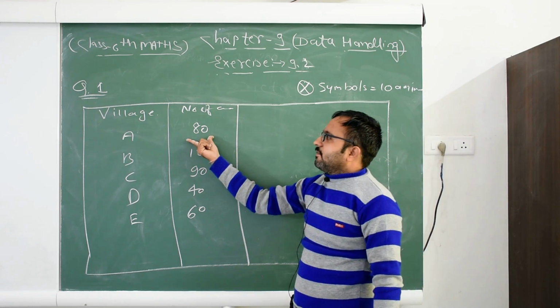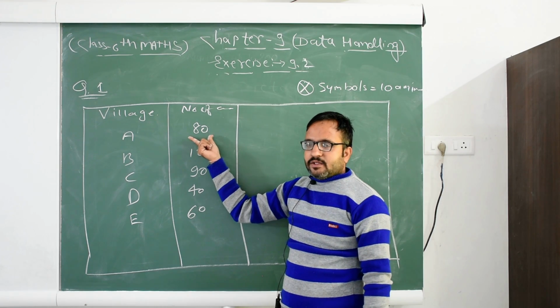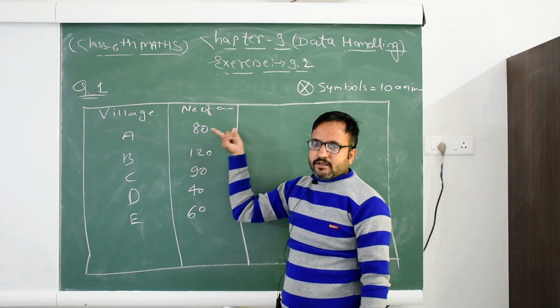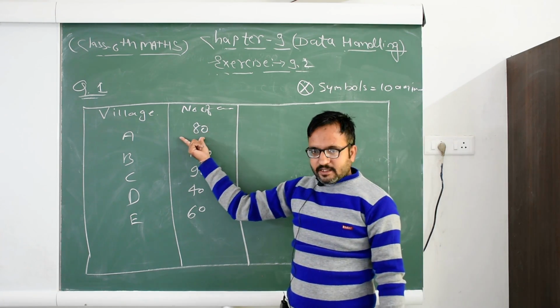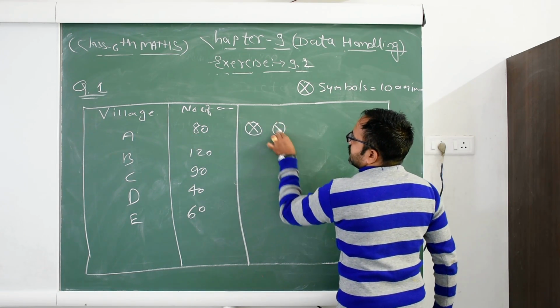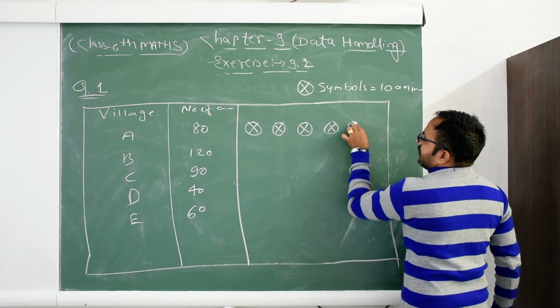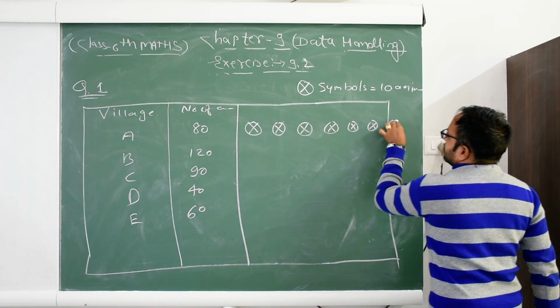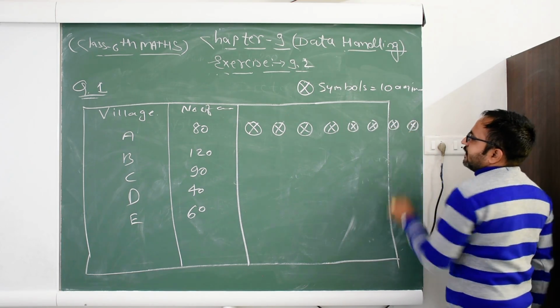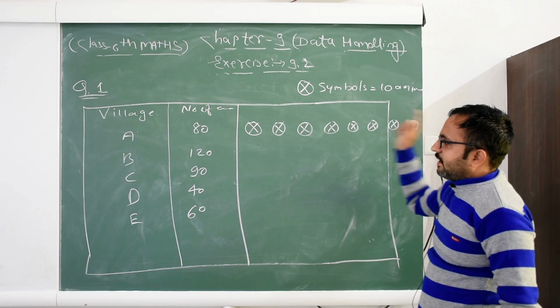So in village A, how many animals? 80. So we use 8 symbols to represent the number 80. 1, 2, 3, 4, 5, 6, 7 and 8.